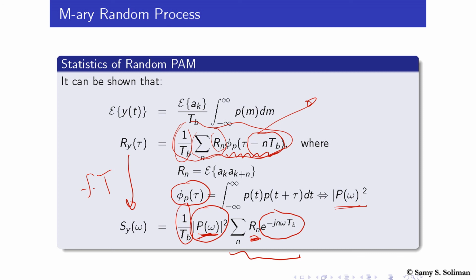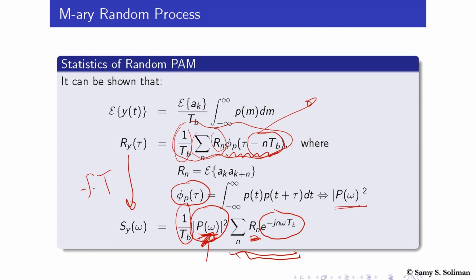All you need to change is P of omega, or for polar Manchester coding, you use the same result, but you change the power spectral density to that of the split phase signaling, and so on.